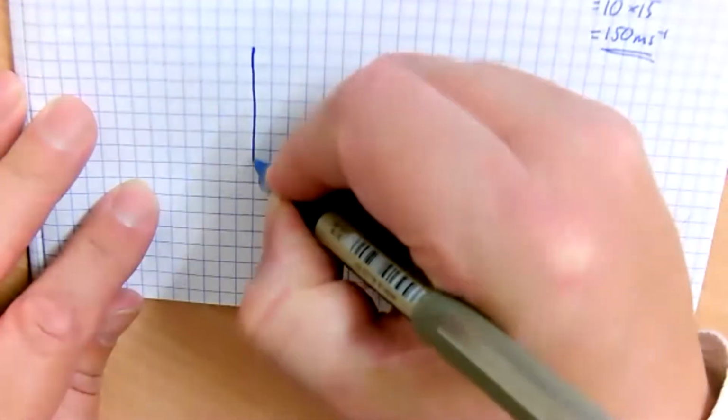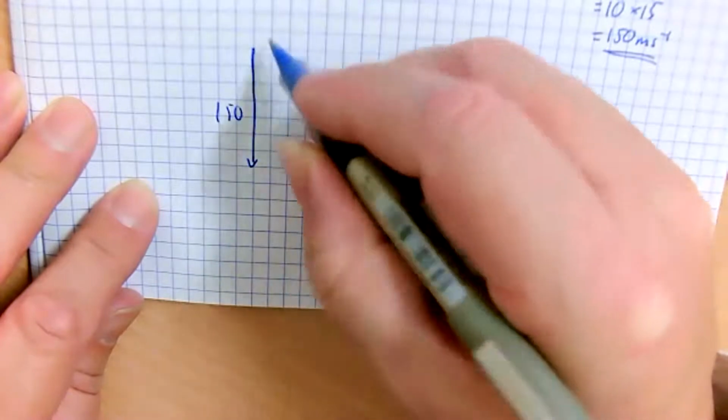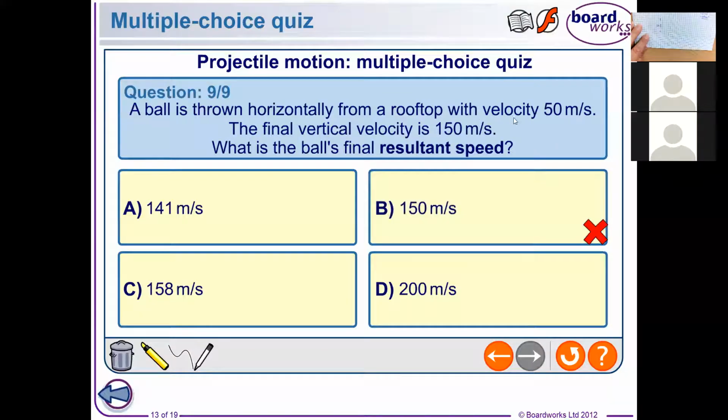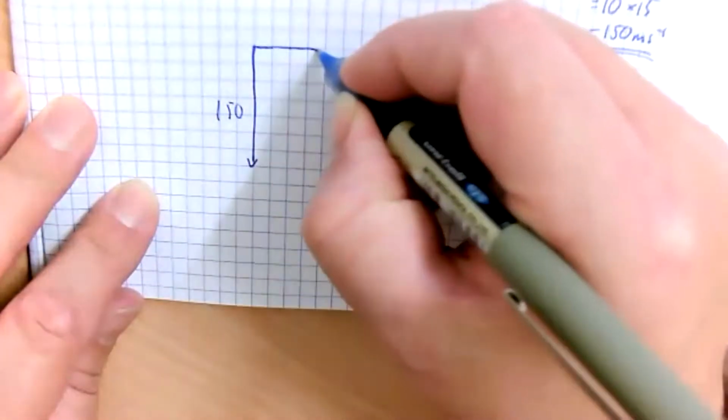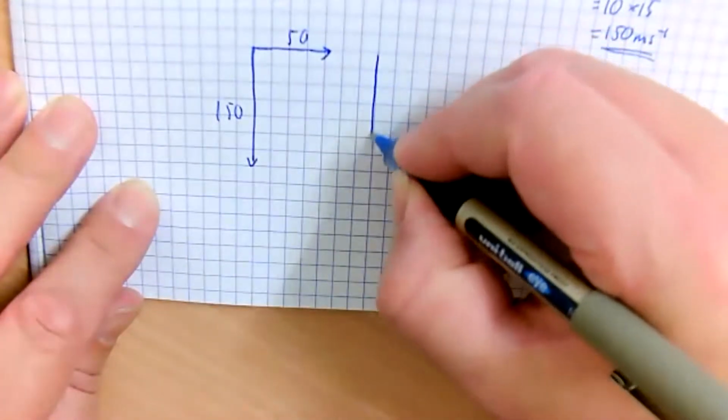We know it's traveling at 150 meters per second vertically, and it tells you in the question that its horizontal velocity is 50 meters per second. So just put the two arrows end to end.